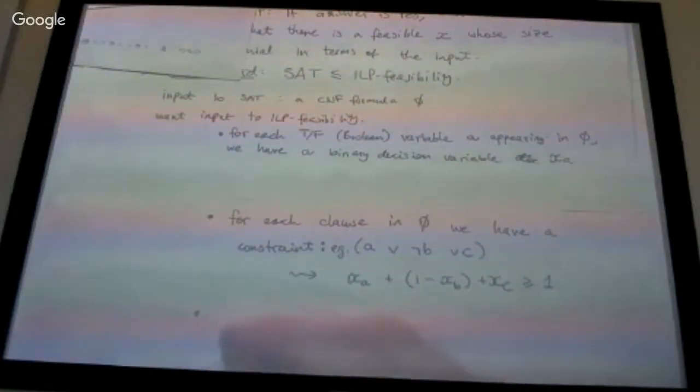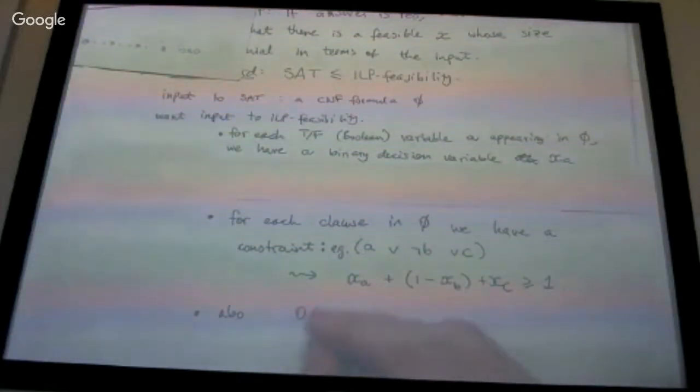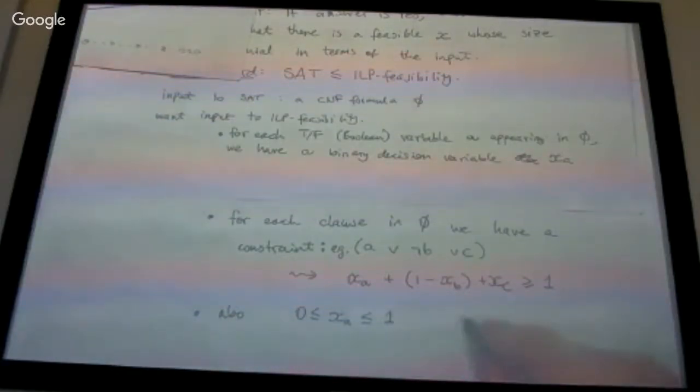And there are also constraints that are telling you this for each A.